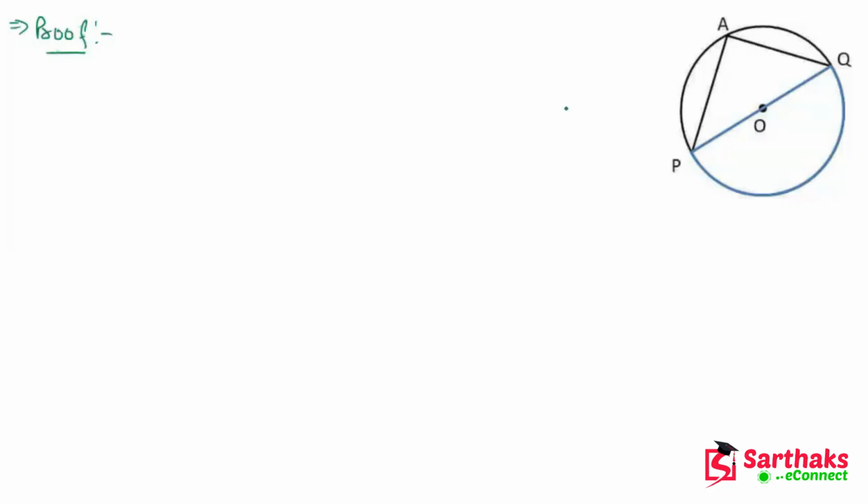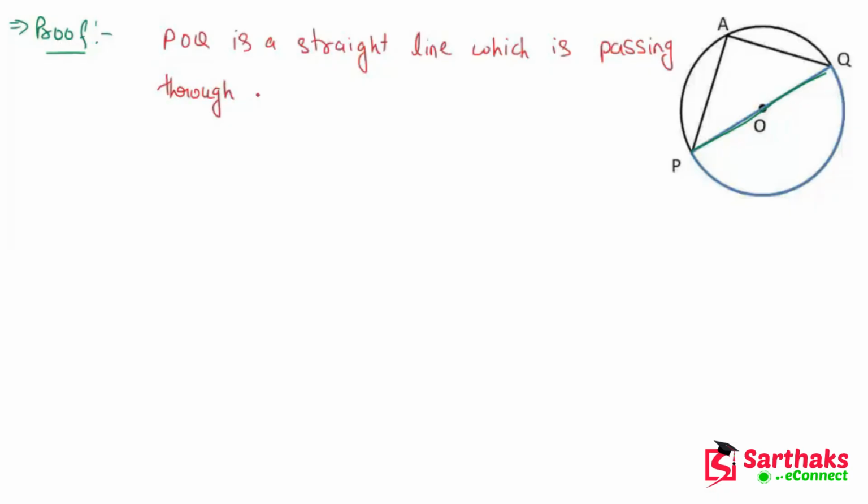POQ is a straight line which is passing through the center O. The angle subtended by arc PQ at O is 180 degrees.